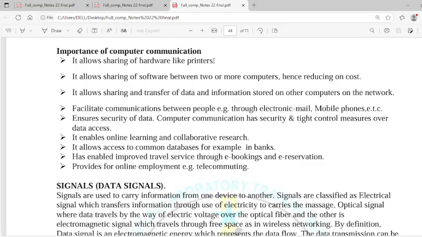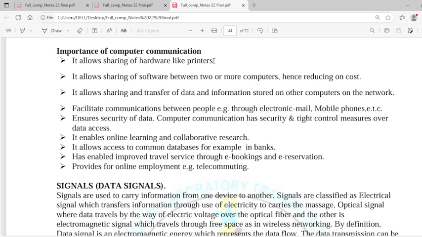It allows the sharing and transfer of data and information stored on other computers on the network. So computer communication allows data to be shared from one computer to another. It facilitates communication between people, for example emails, mobile phones, and also WhatsApp and so on.